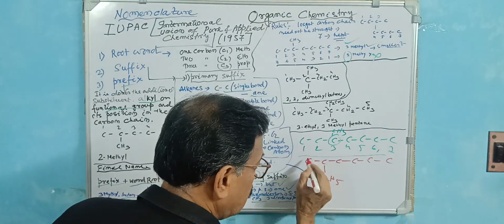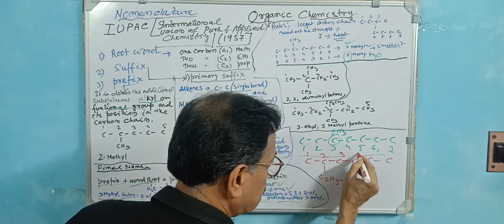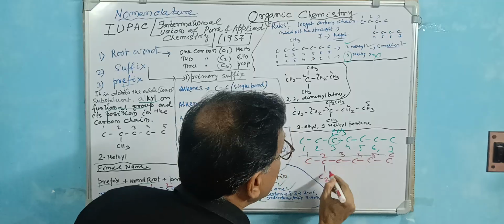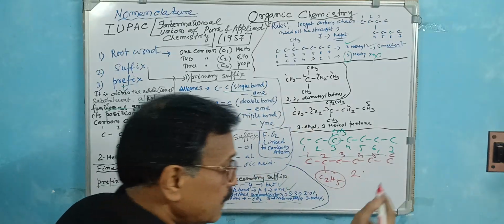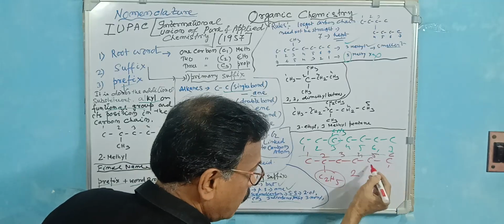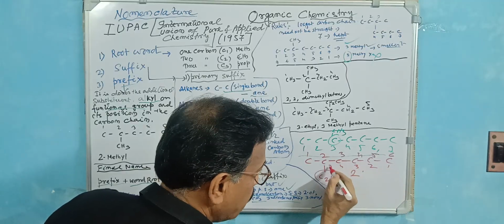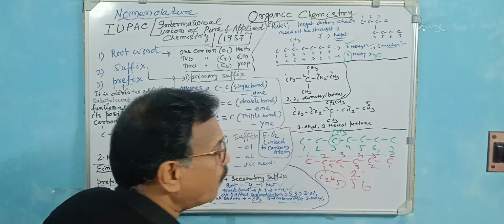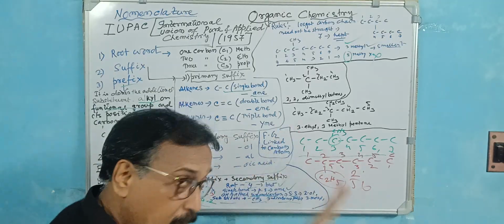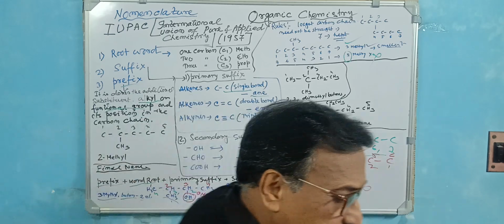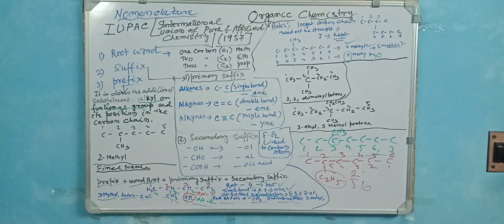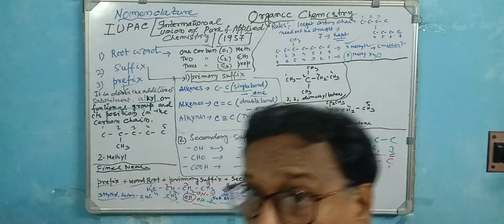Right position is this, because this is 1, this is 2, this is 3, 4, 5, 6. Because this C is the lower position, 2-ethyl. But if you count down 1, 2, 3, 4, 5, this is the 5 position, which is wrong. So this C2H5 is the lower position, so start numbering from here. For that reason, first is the longest chain, and the alkyl group always gets the lower position.